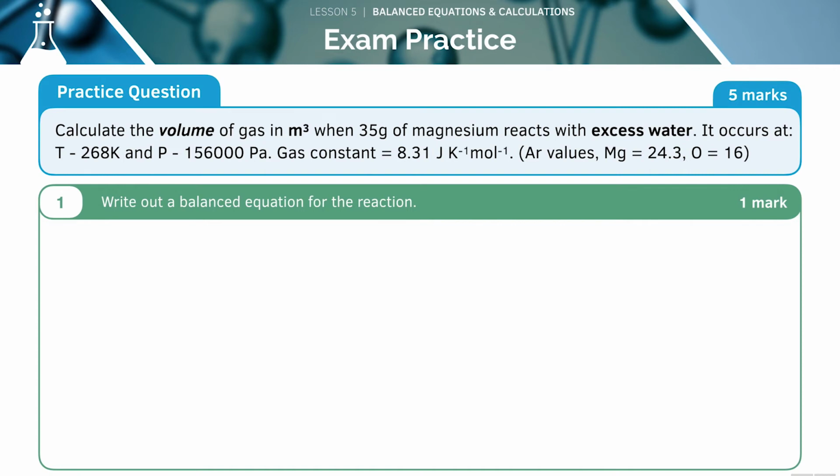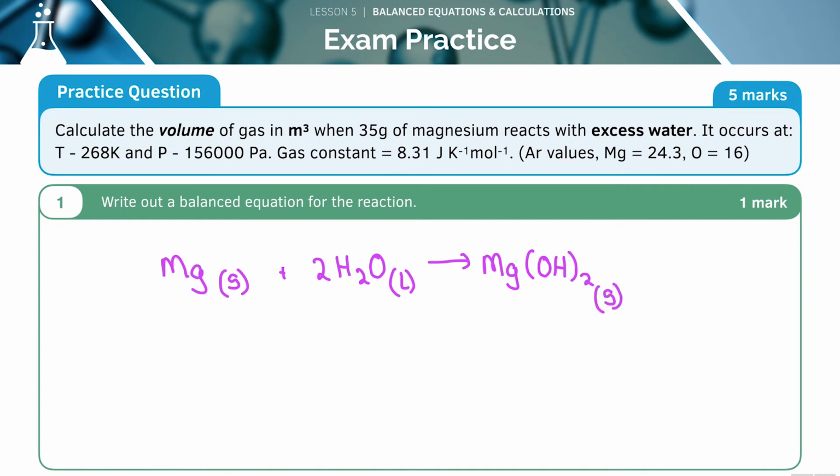First, we need to write out a balanced equation. So for this, we would have Mg solid plus 2H2O liquid going to Mg(OH)2, which is a solid, plus hydrogen gas.